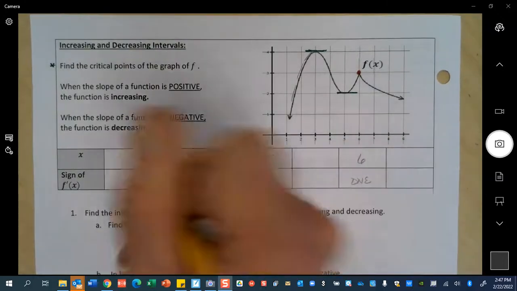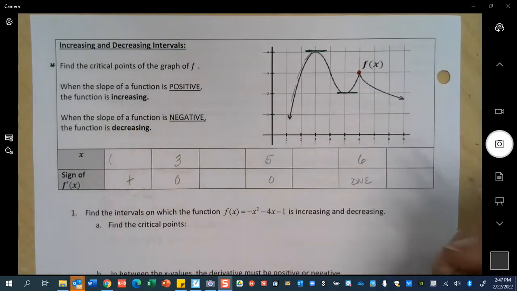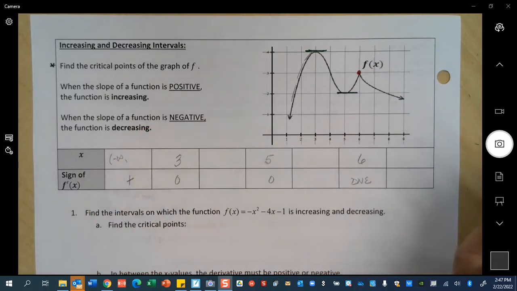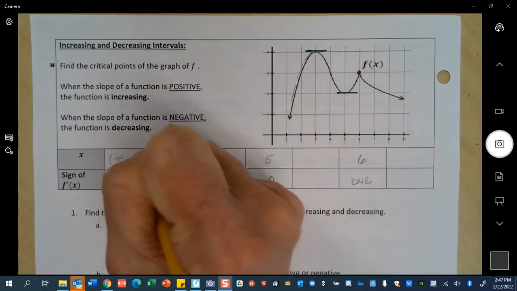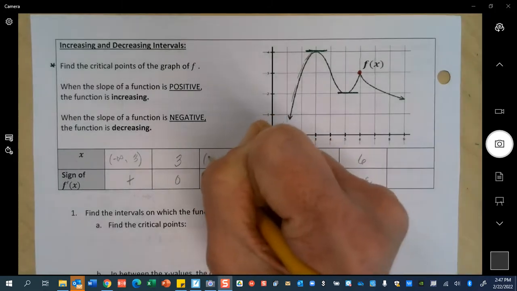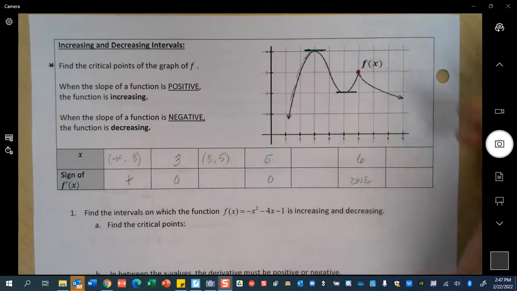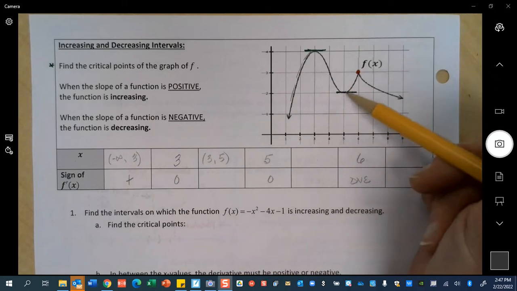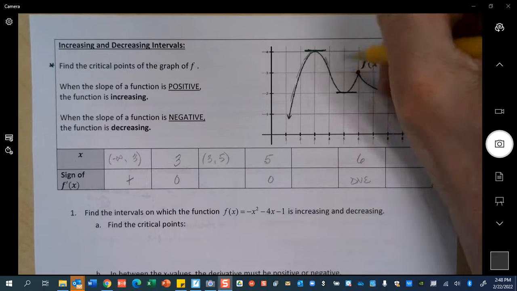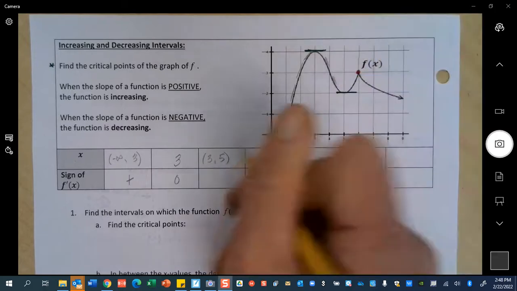from whatever this value is. So we'll do negative infinity, because that's all we know, up to 3. We know that it's positive. Between 3 and 5, not including 3 or 5, the slope of my tangent line is definitely negative.